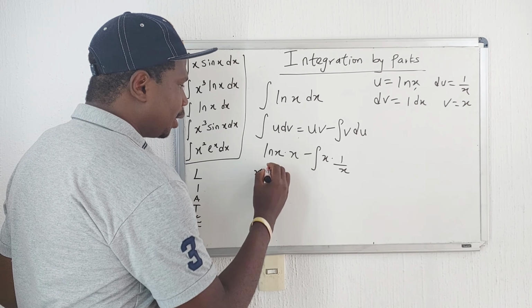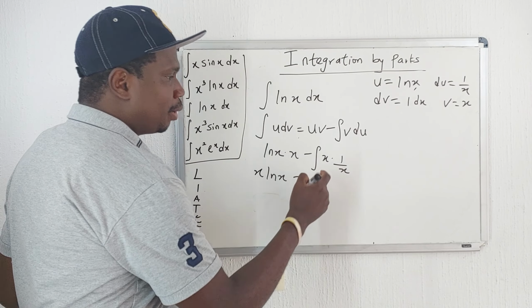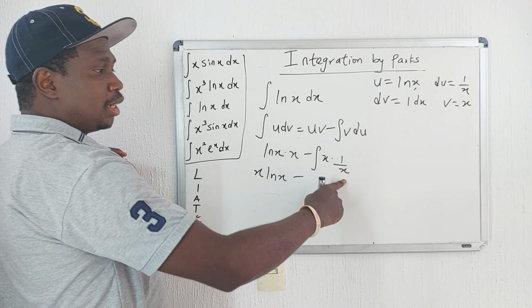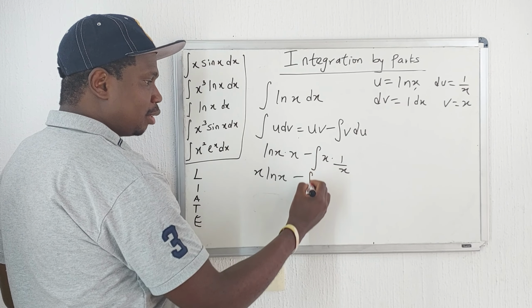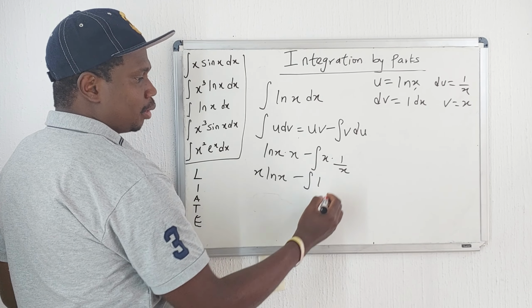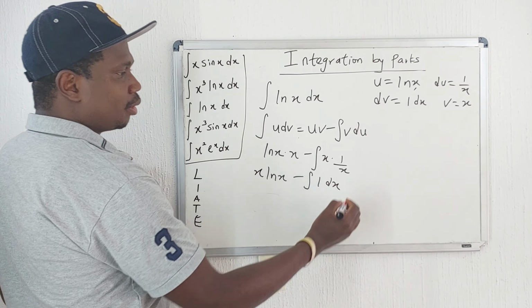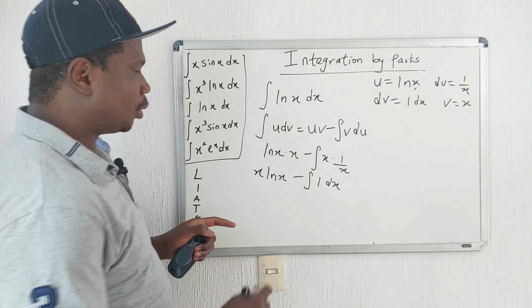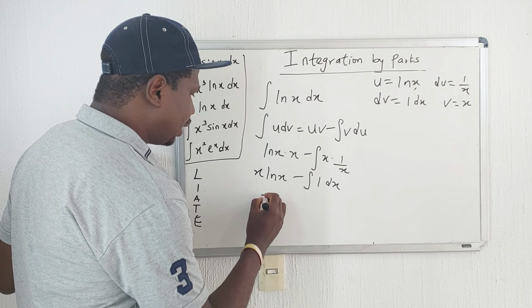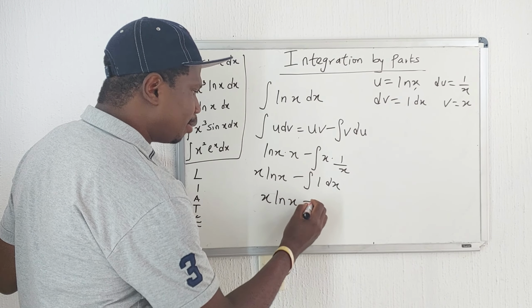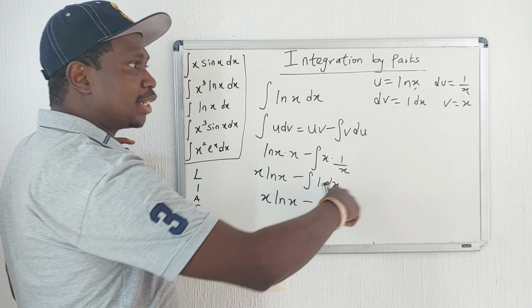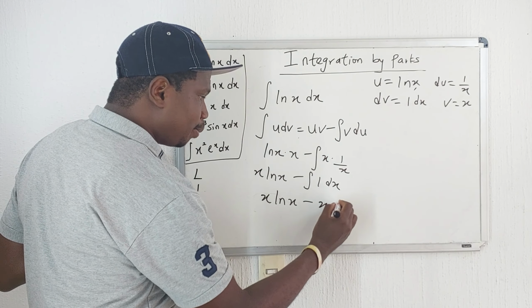The x ln x minus x divided by x is what? 1. So integral 1 dx. Right? Now, I say x ln x minus, if I integrate 1 dx, I'm going to have x plus c.